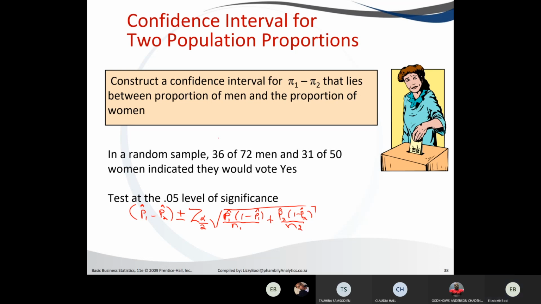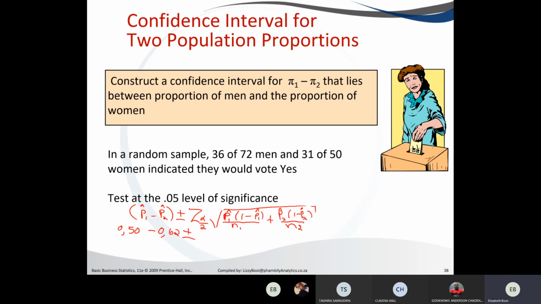Now, we know that our sample proportion for p1 was 36 divided by 72, which is 0.50, minus the proportion for sample 2 for women, which was 31 divided by 50, which was 0.62.